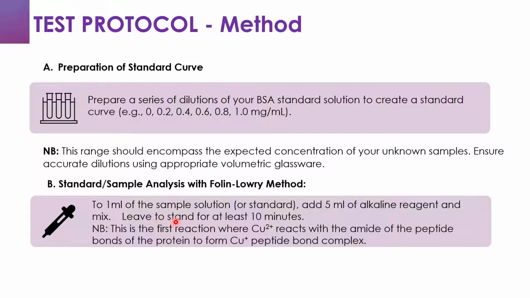So after that, we leave it to stand for at least 10 minutes. And what you also have to note is that this is the first reaction, where the cupric ions from the copper sulfate react with the amide of the peptide bonds of the protein to form a copper 1 peptide bond complex. And this is the biuret reaction.